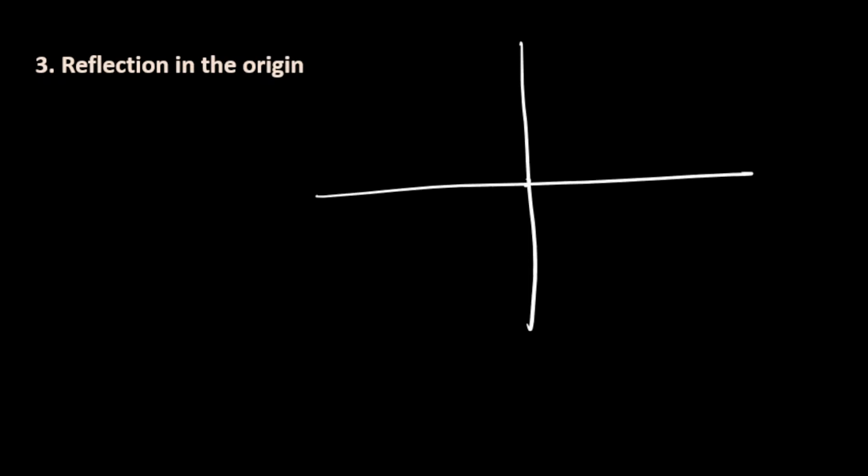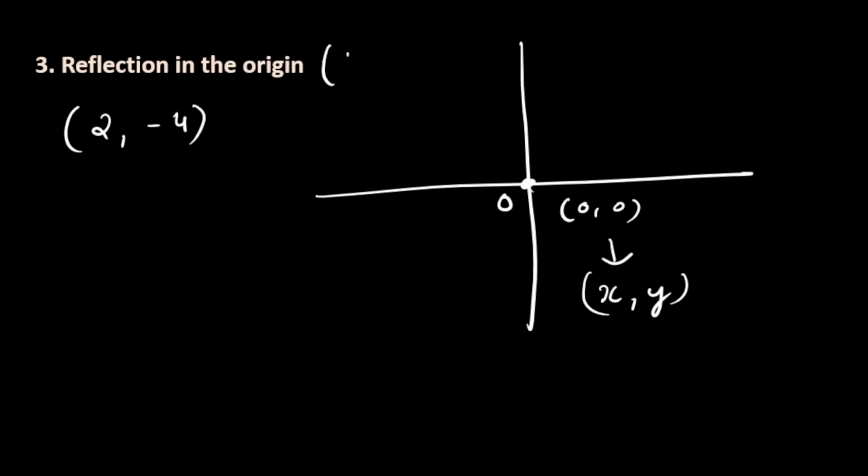The third one is reflection in the origin. The origin is that point where the x-axis and y-axis intersect each other. Its value is x is 0 at the origin, y is also 0 at the origin. If reflection is happening in the origin, suppose I have point 2 comma minus 4, then both points will change.